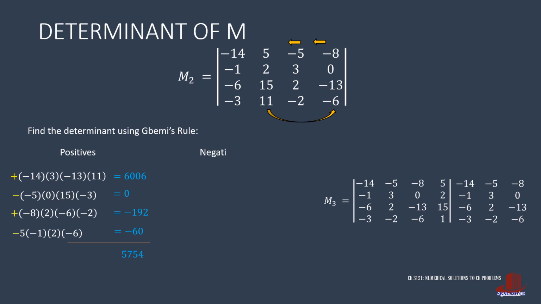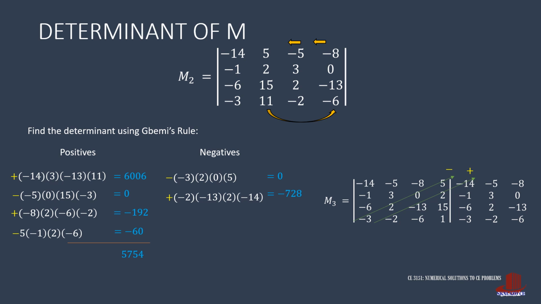Complete the positives by taking the negatives. The first one of which is negative 3 times 2 times 0 times 5, making everything 0. The second set is negative 2 times negative 13 times 2 times negative 14, giving negative 728.